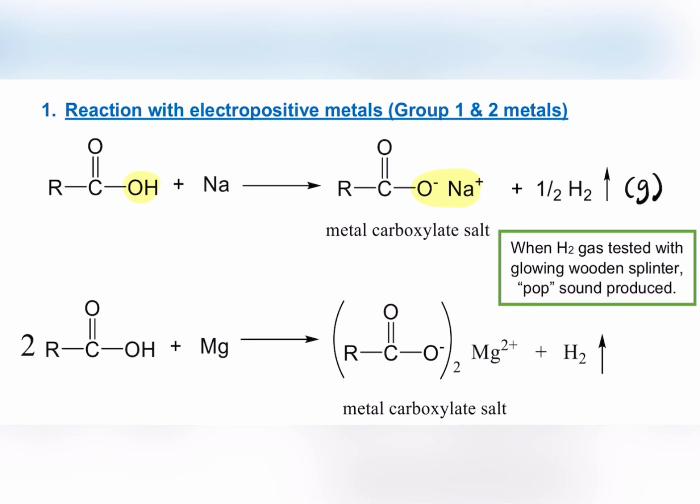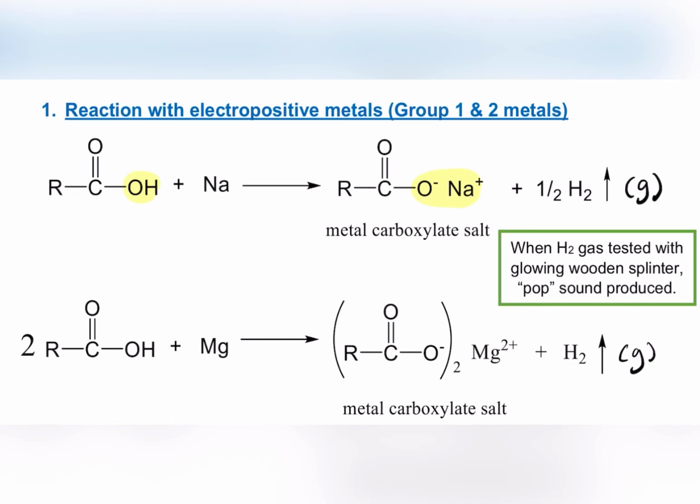Next, we have carboxylic acid reacting with magnesium metal. The reaction will proceed in the same way, but in this case you will form two metal carboxylate salts, because it will react with magnesium ion Mg2+, and you will have hydrogen gas H2 as your side product. You can also use gas in brackets, but you need to emphasize the phase.